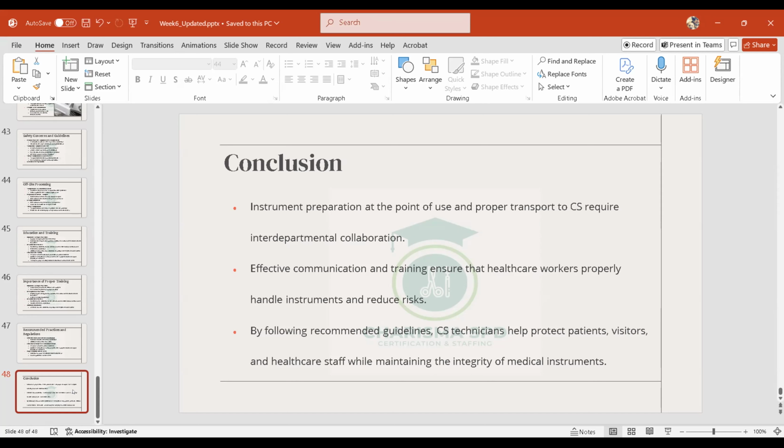Then the third point is that by following recommended guidelines, CS technicians help protect patients, visitors, and healthcare staff while maintaining the integrity of medical instrumentation. When you follow recommended guidelines, you protect yourself. When you don't mix sharps with other instruments, you don't get punctures on your fingers and hands.